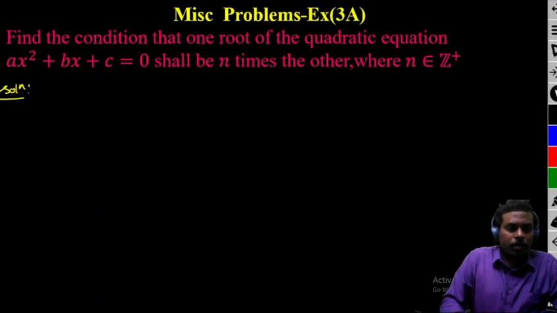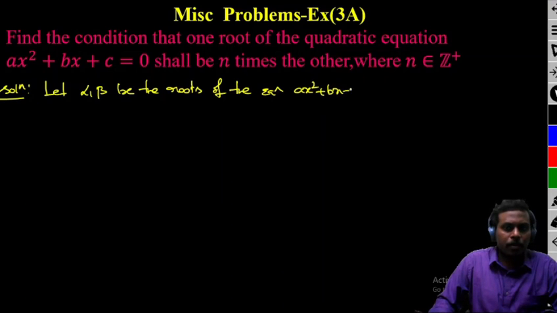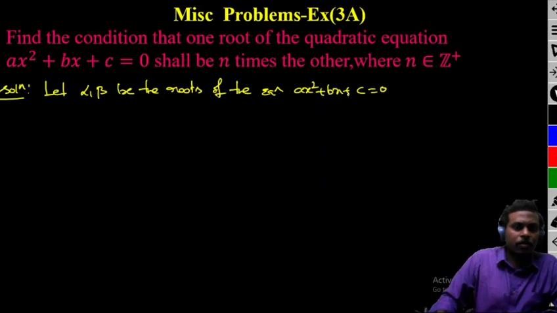Here I have to find out the condition. Okay. Let alpha, beta be the roots of the equation ax square plus bx plus c is equal to 0. Some relation is given actually. What is the relation? One root is n times that of the other.